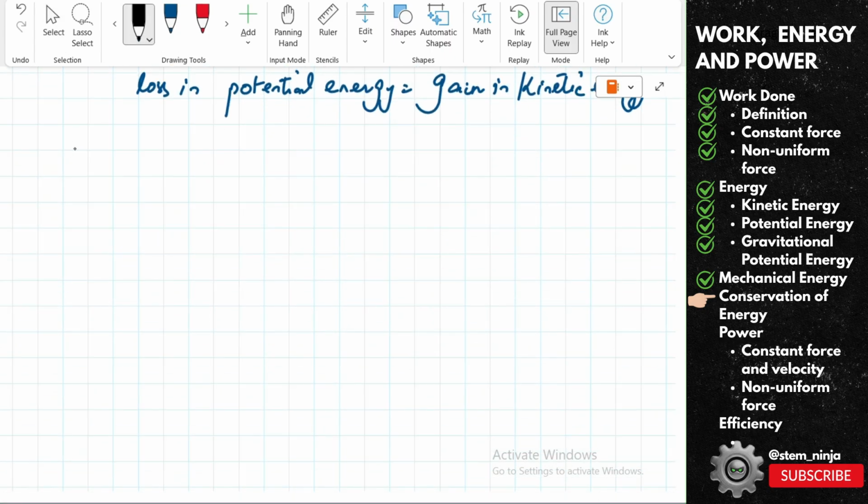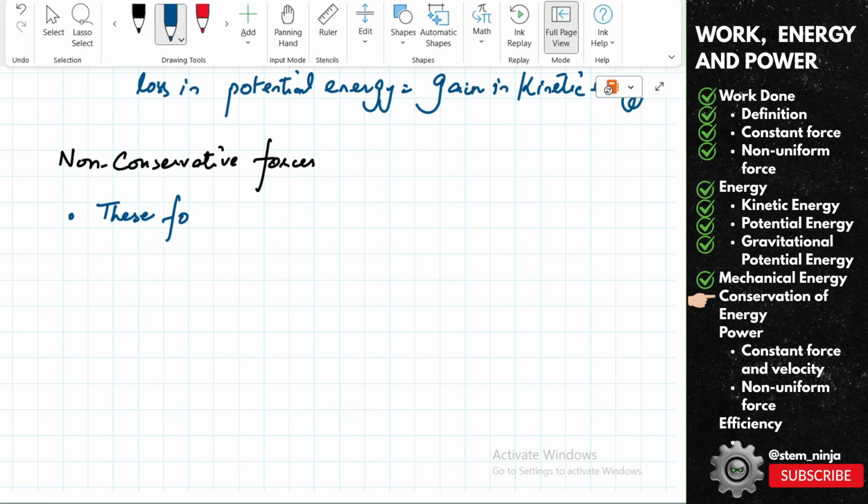When you have non-conservative forces, simply put, these forces add or remove mechanical energy from the system.